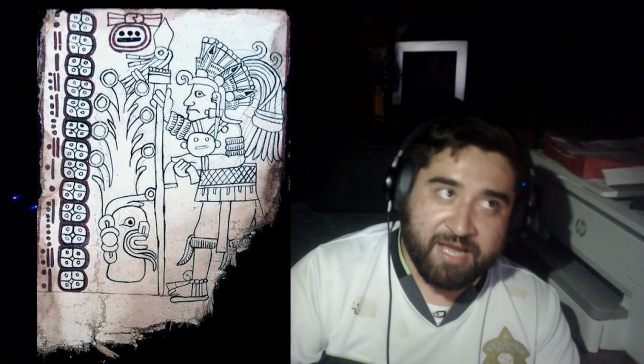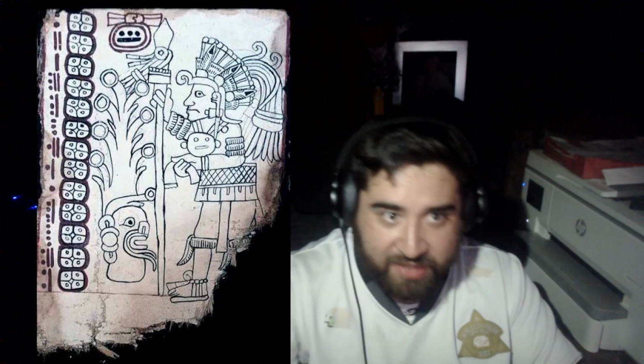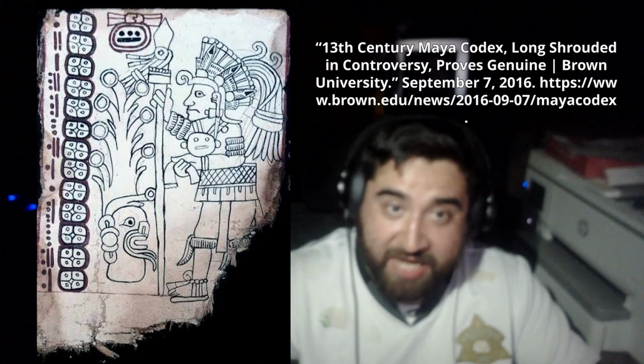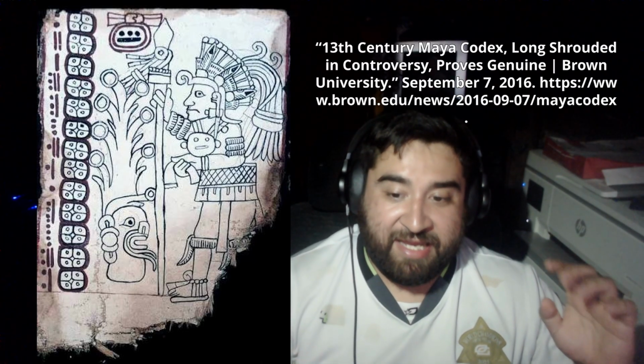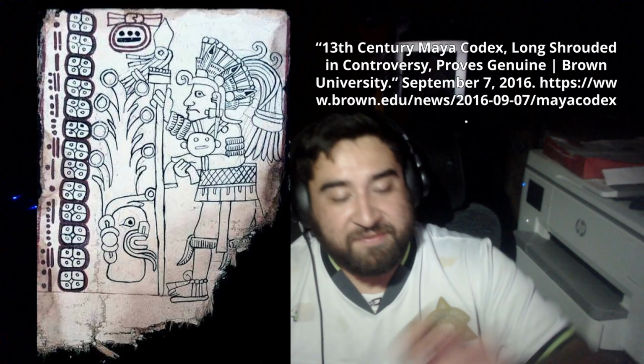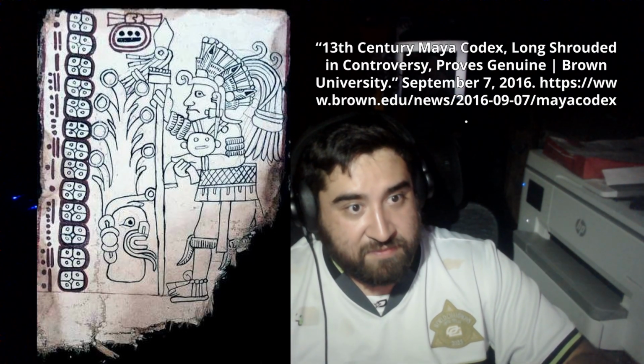And get this, the Maya Codex of Mexico was just announced in 2016 to be authentic. And in it, which kind of baffles my mind, it predicted the movement of Venus. You see, dude, that's some powerful stuff.